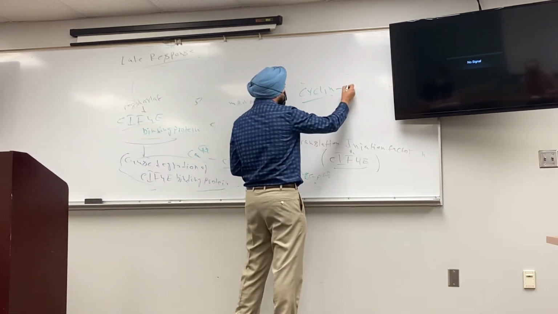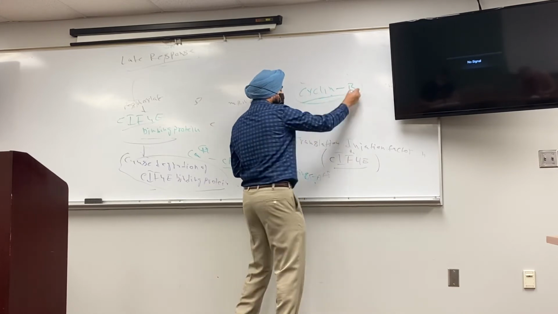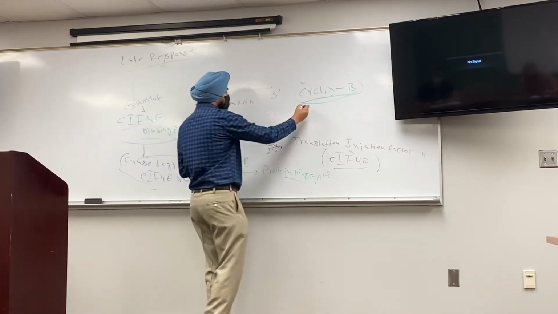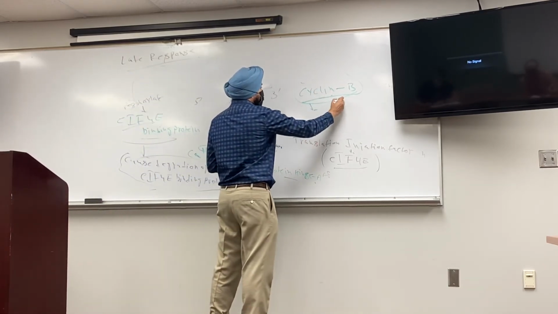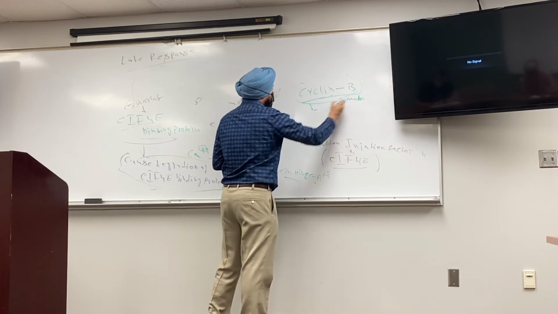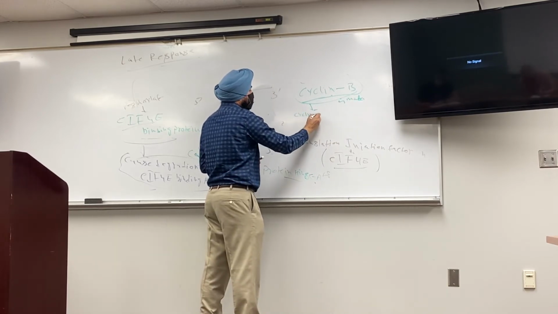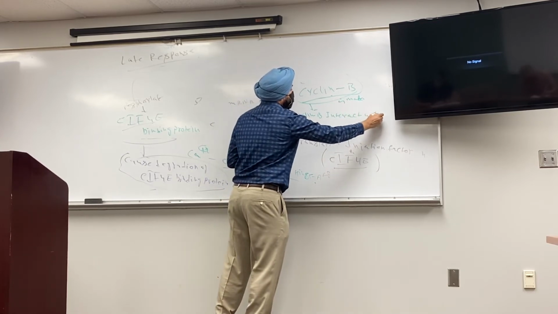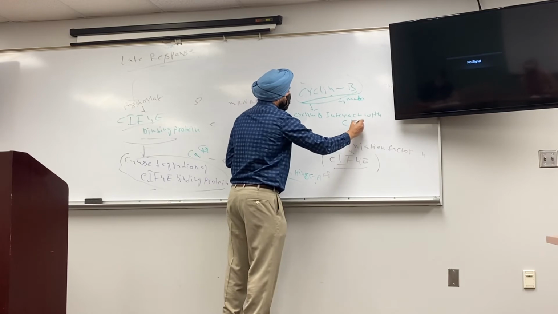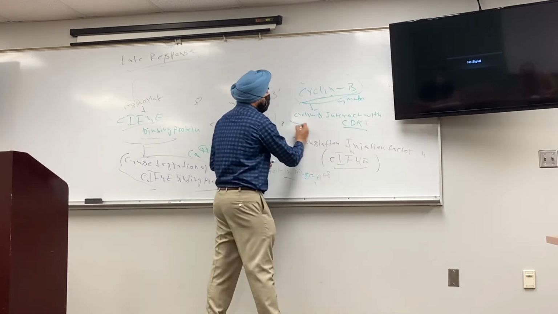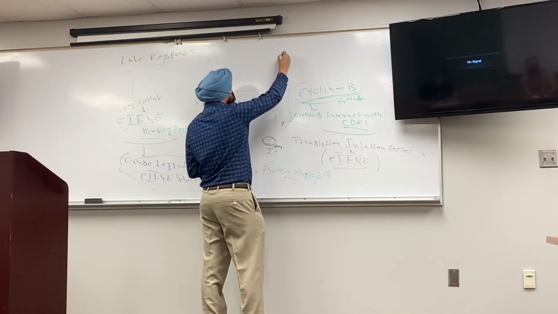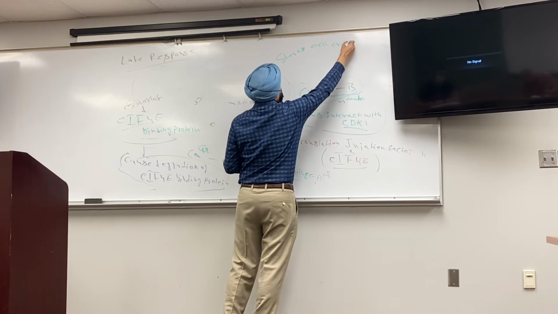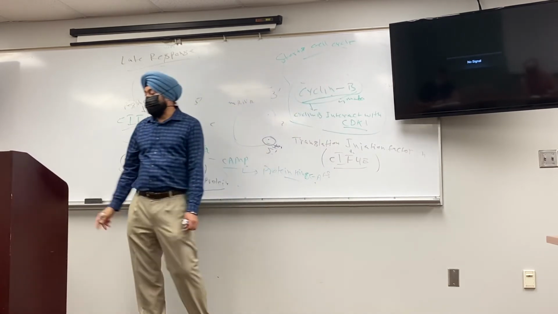One of the proteins that is made is cyclin B. When cyclin B is made, it interacts with cyclin-dependent kinase 1, CDK1, and once it interacts with this, that starts the cell cycle.